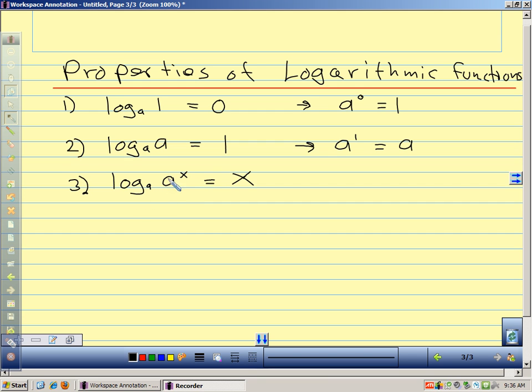The power on a that gives us a to the x is x. And this is also the same as saying that a to the log base a of x is x.